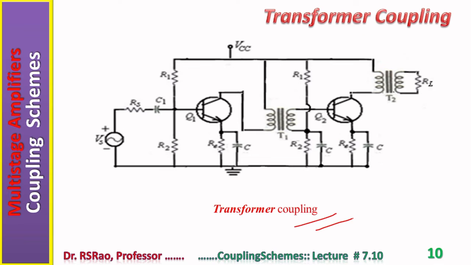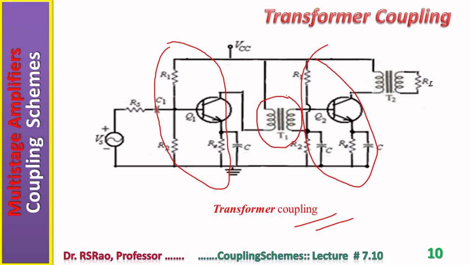Here is shown the transformer coupling scheme. One stage, another stage. These two are connected through a transformer. Output of one stage is connected to the input of the next stage through a transformer. You can find transformer coupling here also at the output of stage 2.